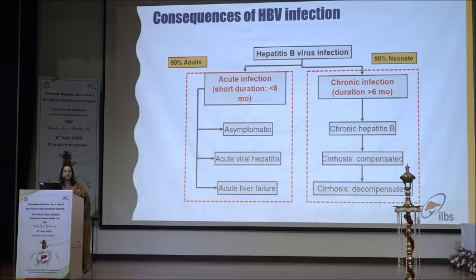Once you acquire this virus, you may have acute hepatitis B or chronic hepatitis B. Acute hepatitis B is mostly when in adulthood, through horizontal transmission, means from unsafe injection practices or other methods, you have it, and 90% of the time adults have an immune response good enough that they clear the virus in 6 months time.